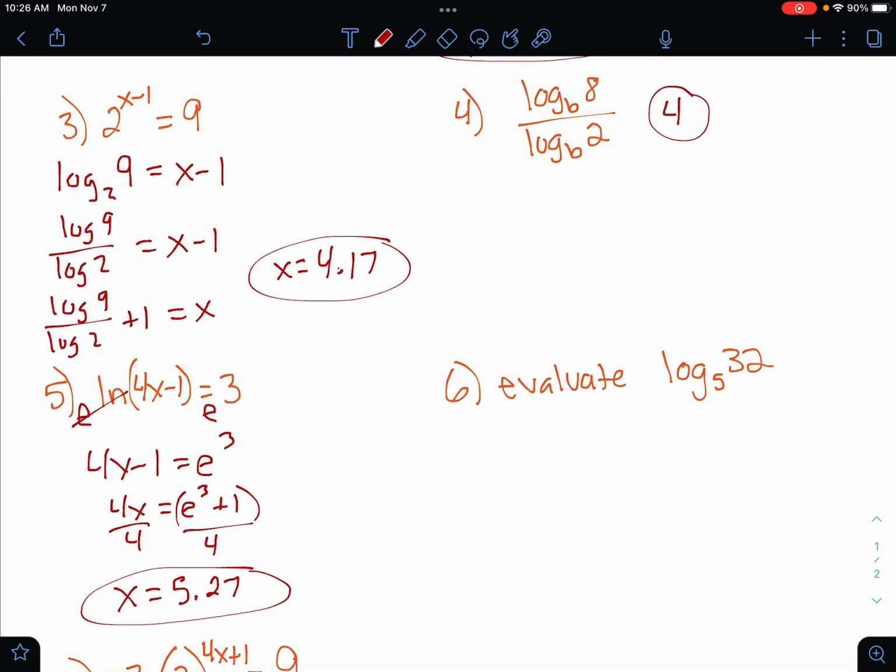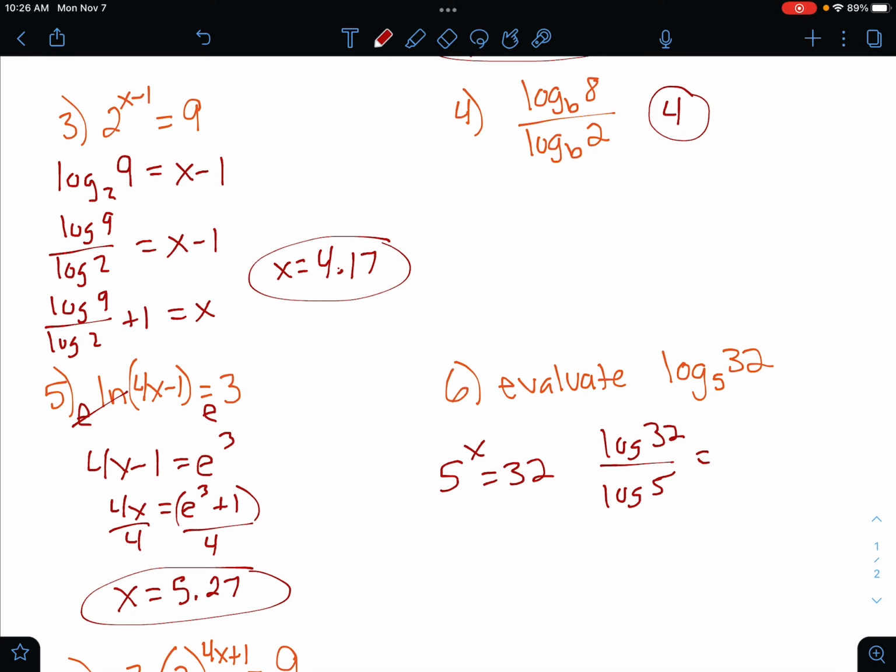Okay. All right, on this next one, evaluate log base 5 of 32. Well, if I look at exponents, 5 to what power gives me 32? Yep, that's not going to work, right? So change of base. We have log of 32 over log of 5.